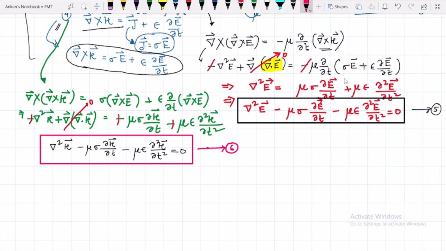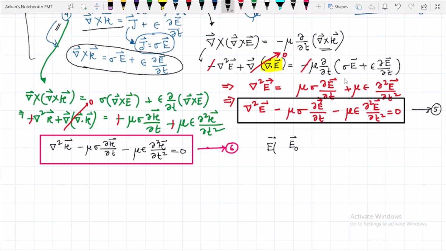If you solve this by the differential equation method, you will be able to obtain the solution as a plane wave. If you take the plane wave solution, then you can obtain E. Let me write it in a more general way.